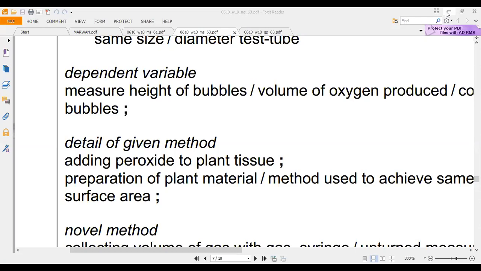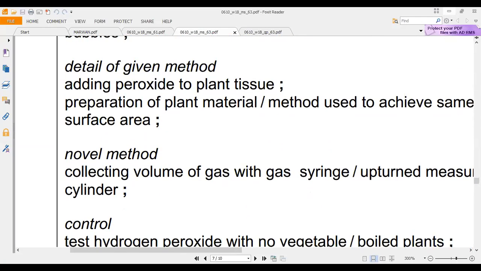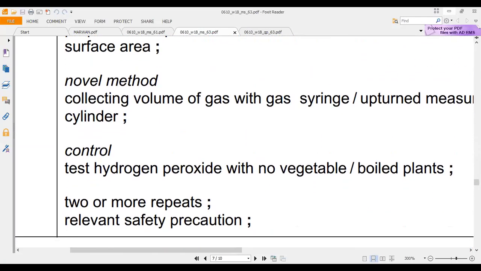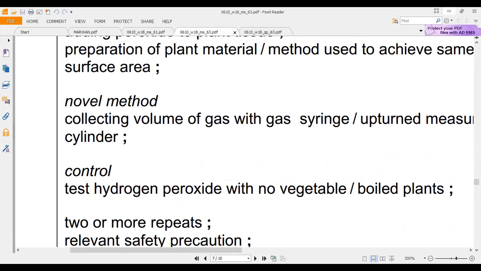It's easy to mention at the end a method by which you can repeat more than 2 times; it will be considered a correct, valid marking point, and you will be graded 1 mark for it. And for relevant precautions, you can mention any relevant safety precaution, and you will be graded 1 mark for this.